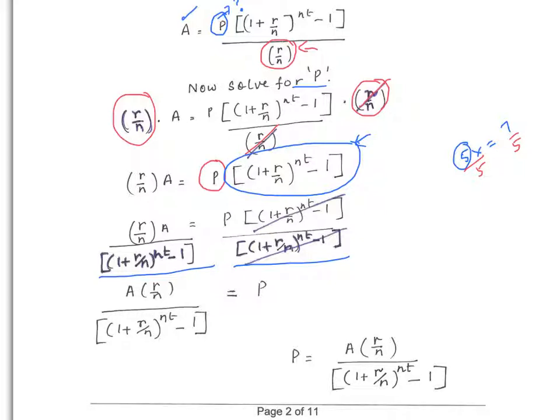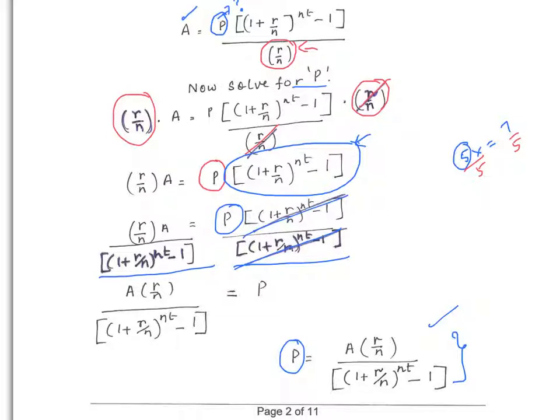Dividing both sides by the same number cancels off the number, and what we're left with is P. So P is A times R over N divided by 1 plus R over N, whole to the NT, minus 1. So what we've done is we've solved for P. If you ever need a formula to figure out the periodic payment, this is what you would use.